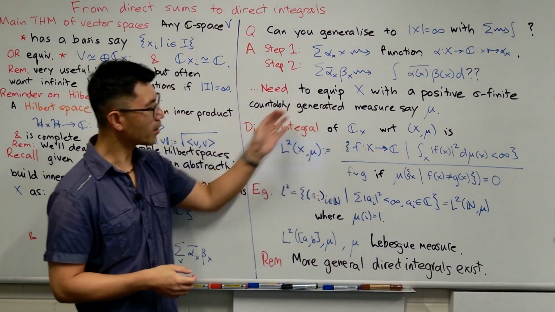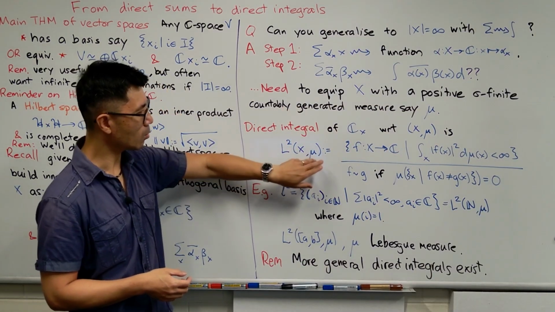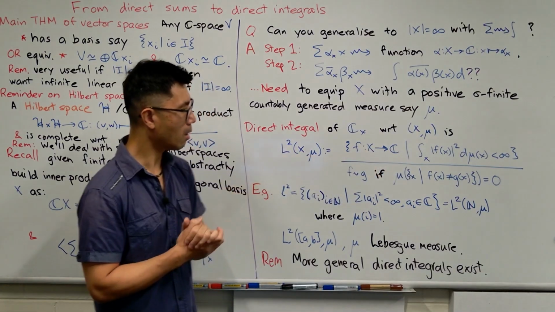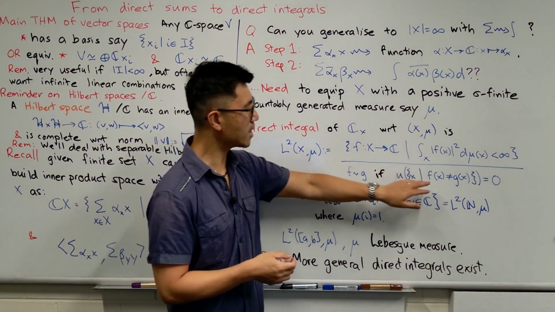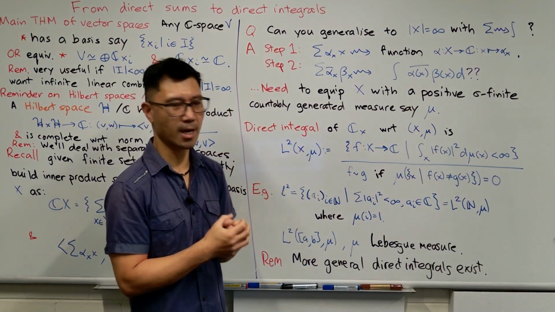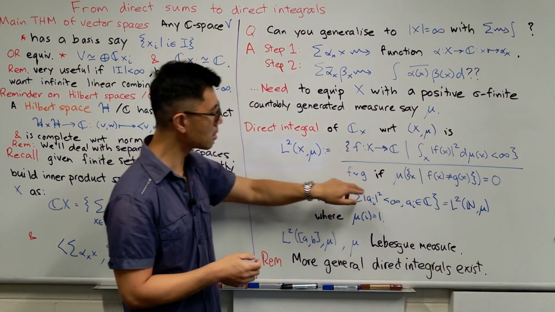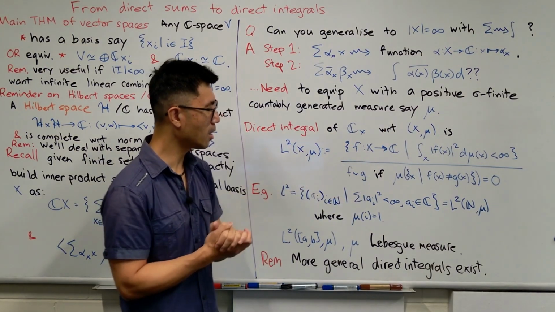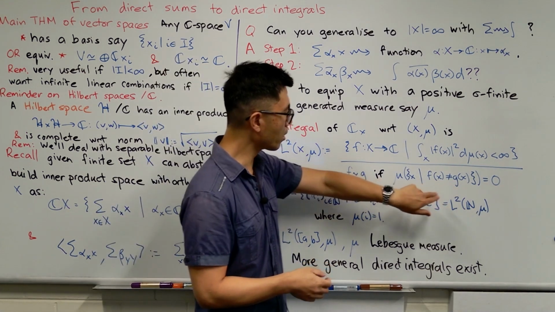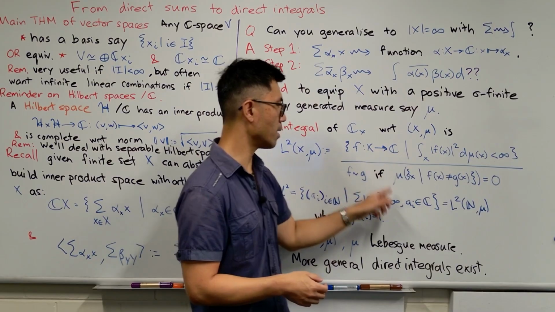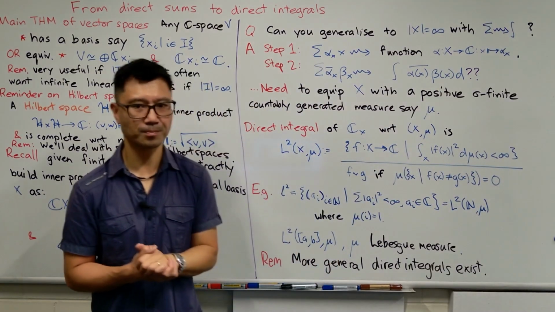And the other thing that you'll need is that two functions, if they only differ on a set of measure 0, then they should be regarded as the same. So we put an equivalence relation on this. So f is equivalent to g if, looking at all the points x where f and g differ, the measure of that set is equal to 0.